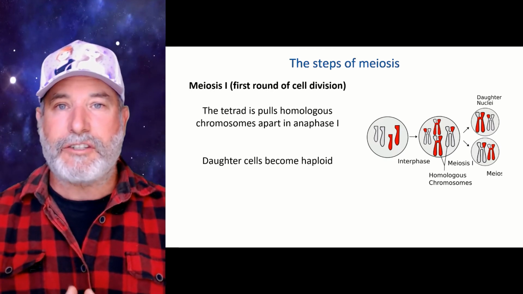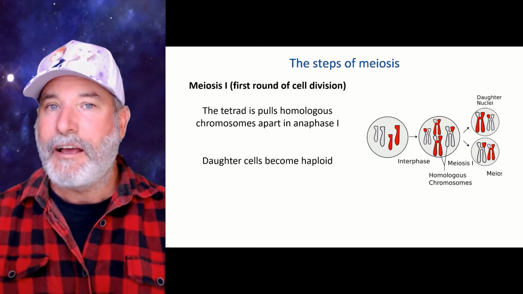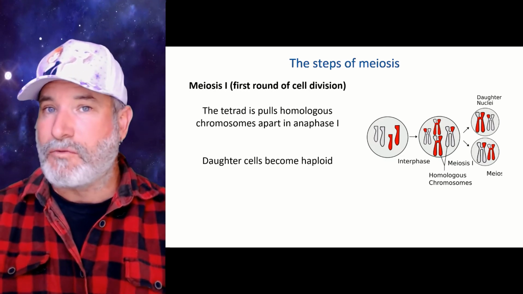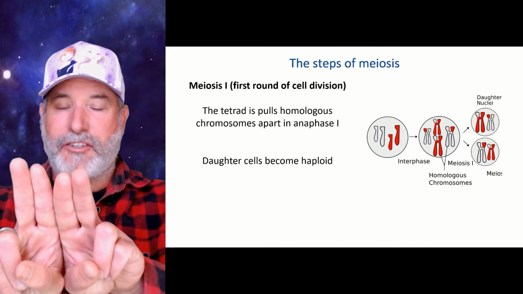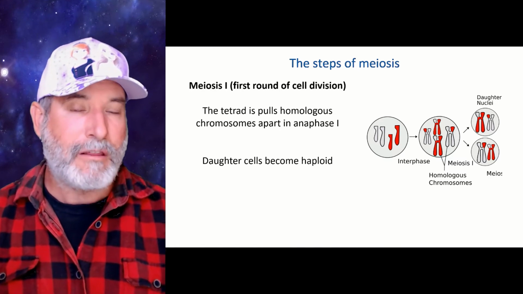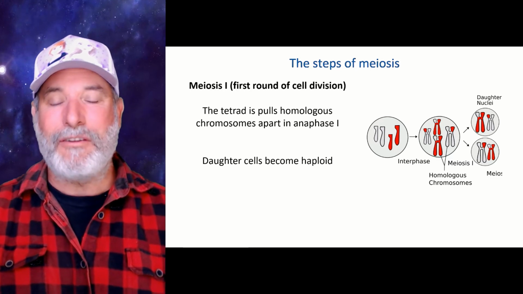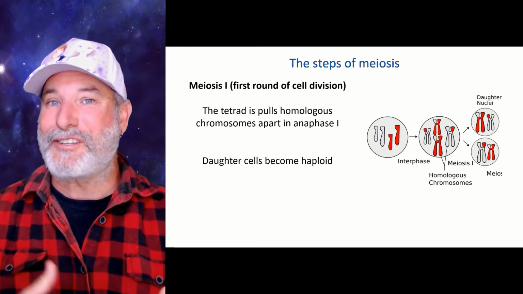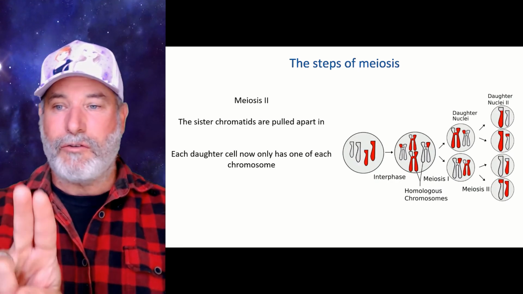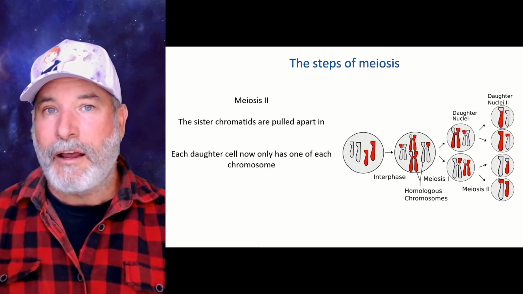And then when you switch to anaphase, remember you've got prophase, prometaphase, metaphase, and anaphase. When you go to anaphase 1 for meiosis 1, we've got a tetrad, and we're going to pull apart the homologous chromosomes. Because I'm pulling apart the homologous chromosomes, the cell becomes haploid, even though the daughter cells still might have 46 sister chromatids. Because in meiosis 2, I've got all my sister chromatids, and I'm going to pull them apart into the daughter cells.